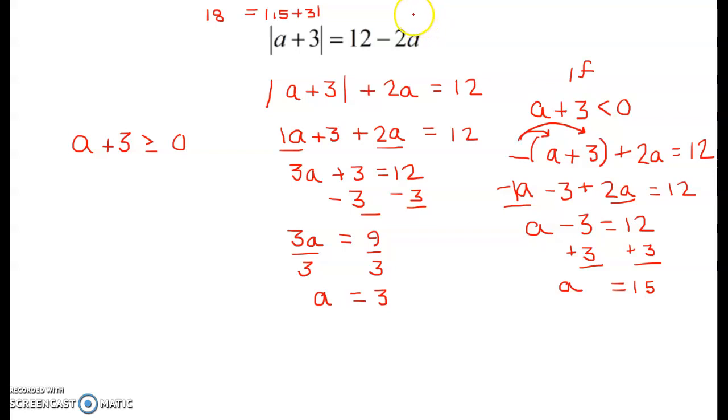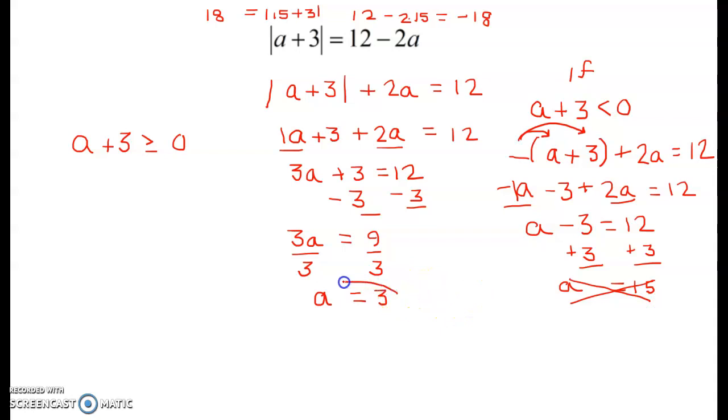If I plug in 15 here, I'd have 2 times 15 is 30, and 12 minus 30 is equal to negative 18. Our left-hand side came out equal to positive 18, and our right-hand side came out equal to negative 18. Those are not equal. Therefore, A cannot equal 15. It is not a solution.